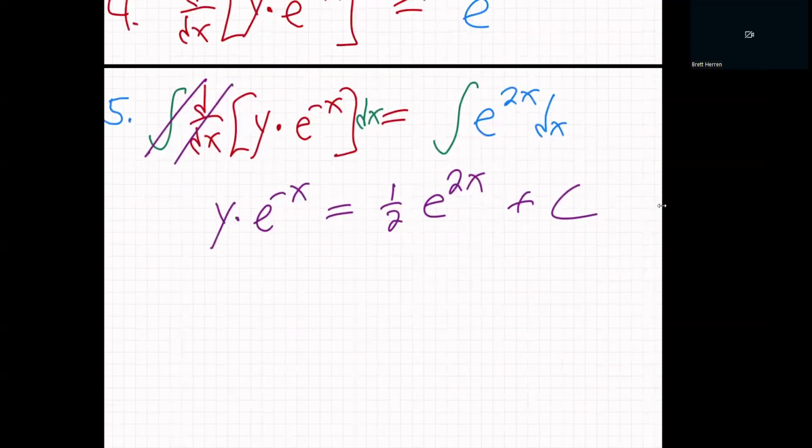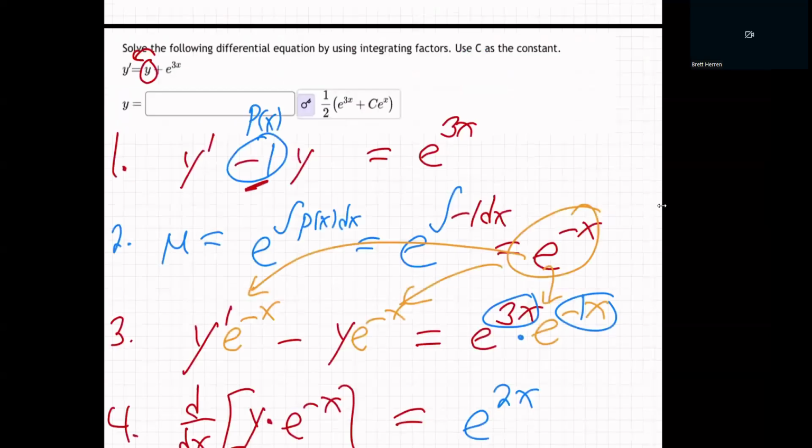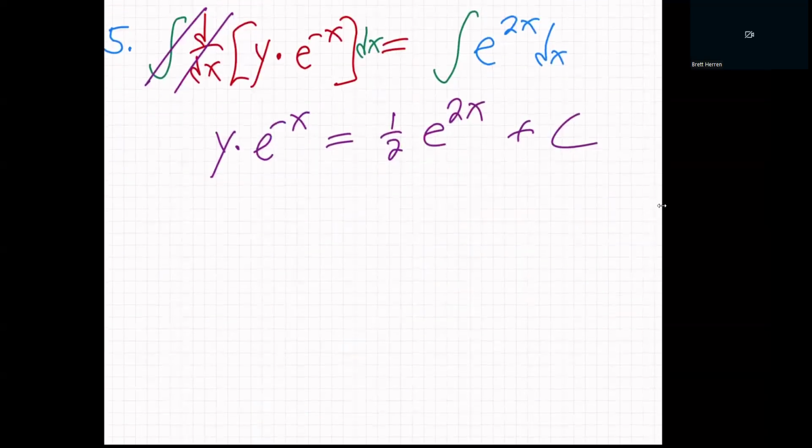So now, last thing, we want y alone. So how do we get y alone? We're going to need to multiply through by e to the positive x.